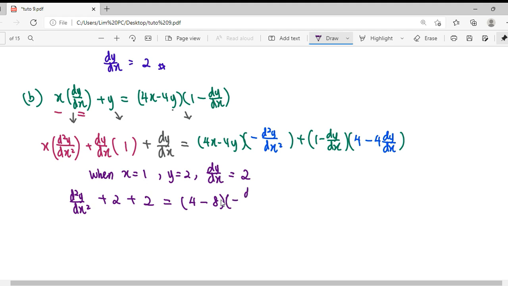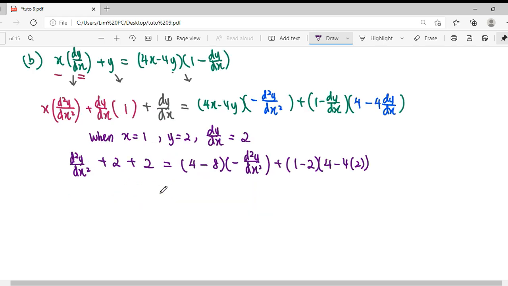Then minus, this is the d2y dx squared we need to find, times (1 minus dy dx, where dy dx is 2). So 4 minus 4 times 2. Everything is a value now, so we can use our calculator. This is 4. Here is negative 4 times, which will become positive 4 d2y dx squared.